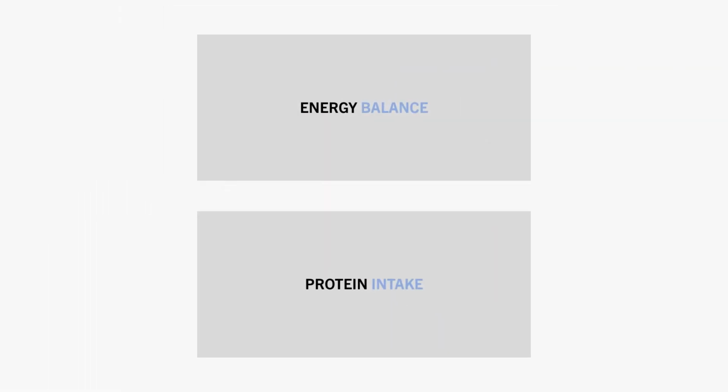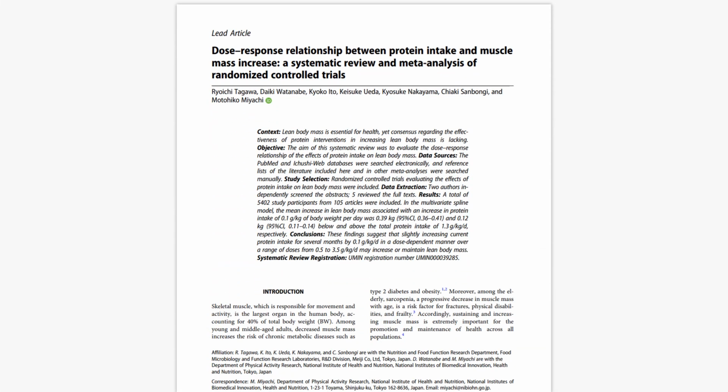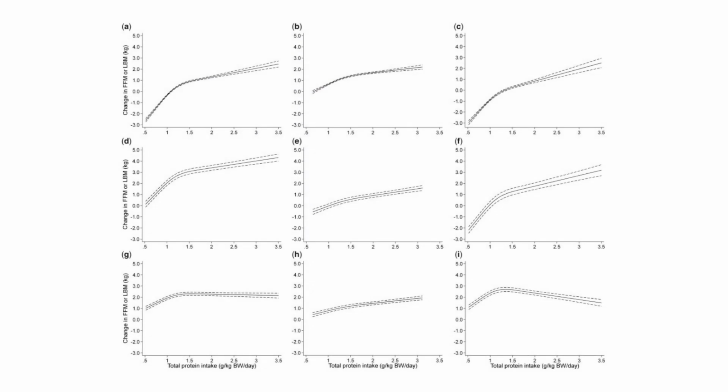And the other primary nutrition variable that can assist muscle growth is our protein intake. Higher total daily protein intakes are generally favorable for muscle growth when performing resistance training. This meta-analysis analyzed the body of evidence on the effects of protein intake on muscle growth. Data from 105 studies were analyzed in various different ways.